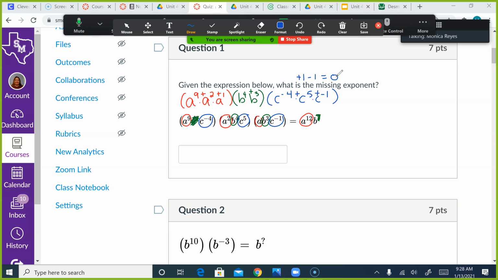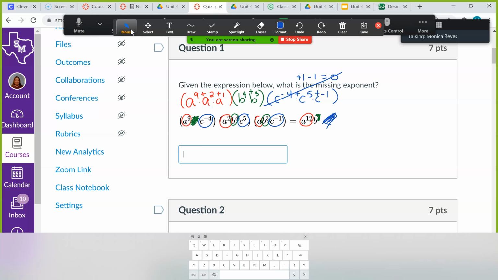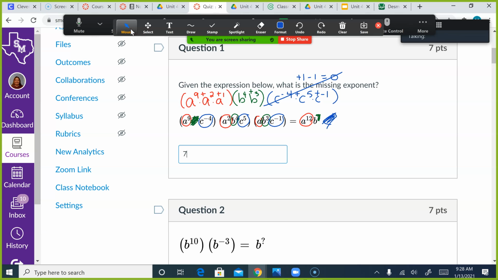And like I said before, anything to the 0 power just goes away. That's why this doesn't have a c on it, because it's technically c to the 0, but if it's 0, we don't even have to write it. So here, all we need to do is type in the missing exponent, which is the 7. So b is 7. That's all we do here.